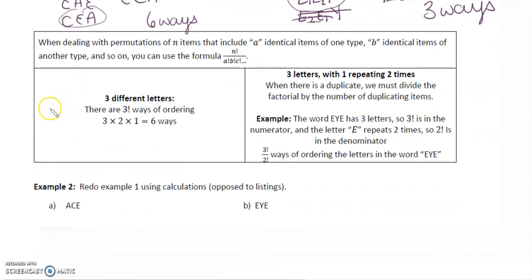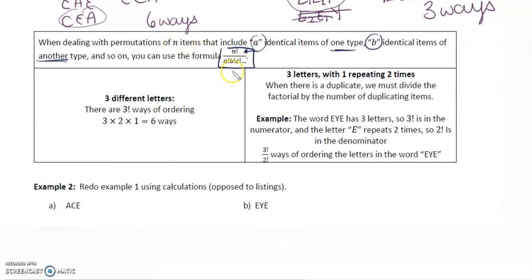So when dealing with permutations of n items that include a identical items of one type, b identical items of another type, and so on, like a, b, c, you can use this formula here. We would do the n factorial on top, which is every single possible way that we can write, say, a word.